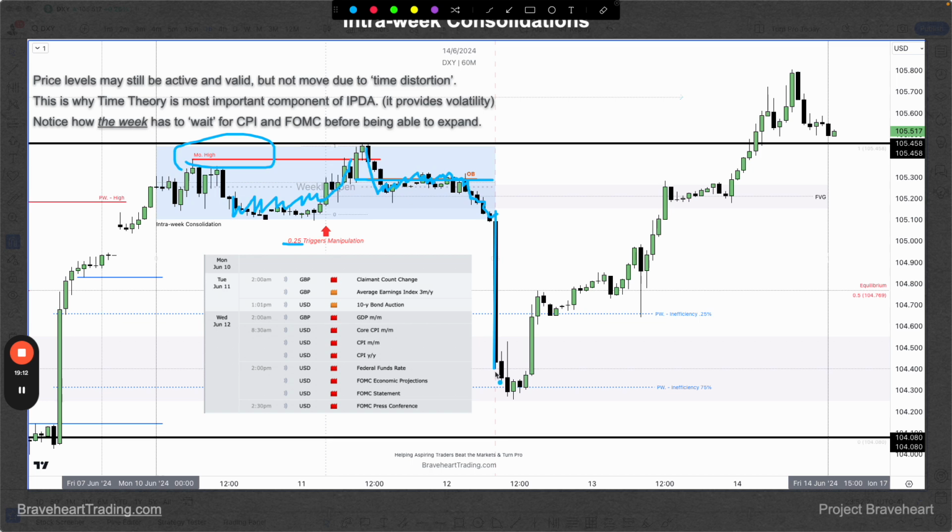It just goes to show that it was waiting for the volatility for Wednesday, but the levels, they're still right. So what you could do is you could just be comfortable with holding through that time distortion by trusting market structure. So that's why I have an order block here.